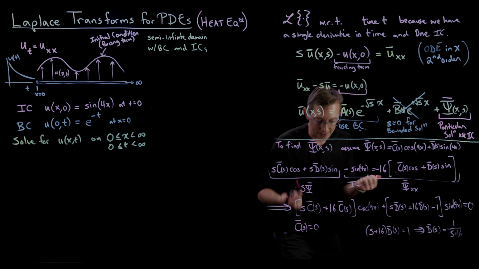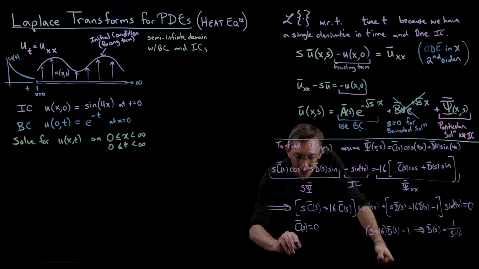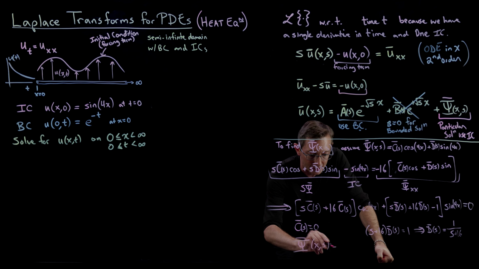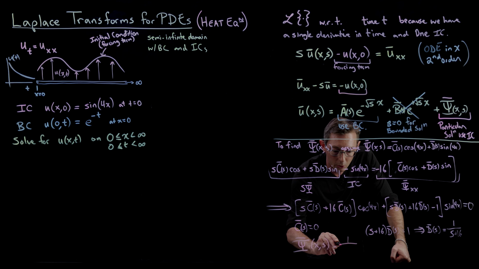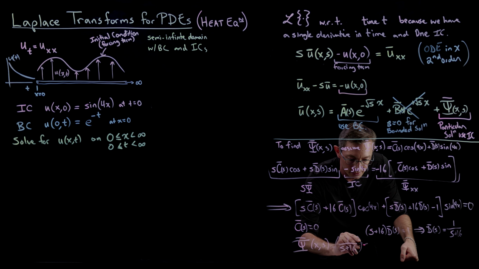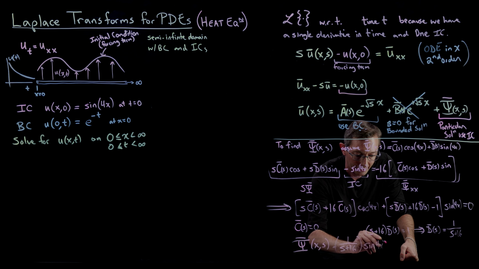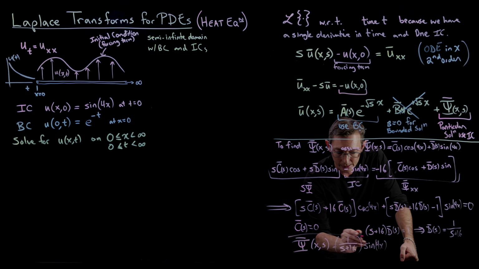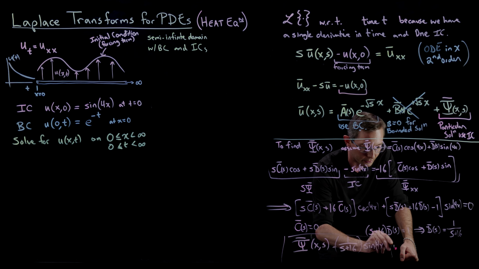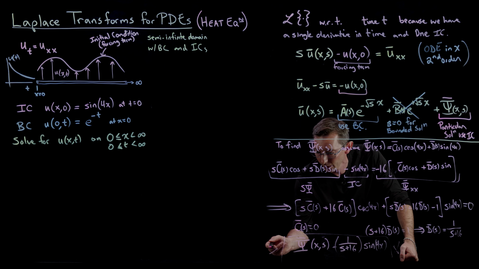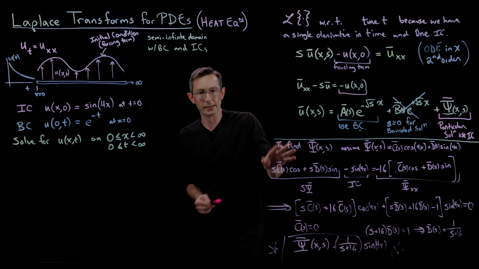So I'm just going to write this down so that I don't forget it. So psi of x comma s equals 1 over s plus 16 quantity times sine 4x. This is my particular solution to this ODE.